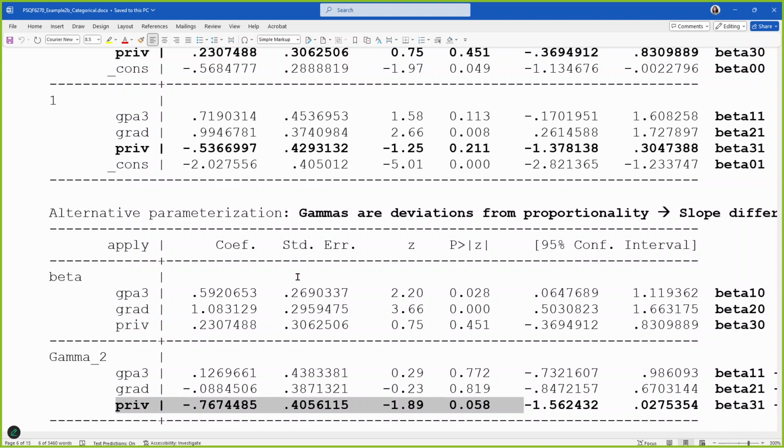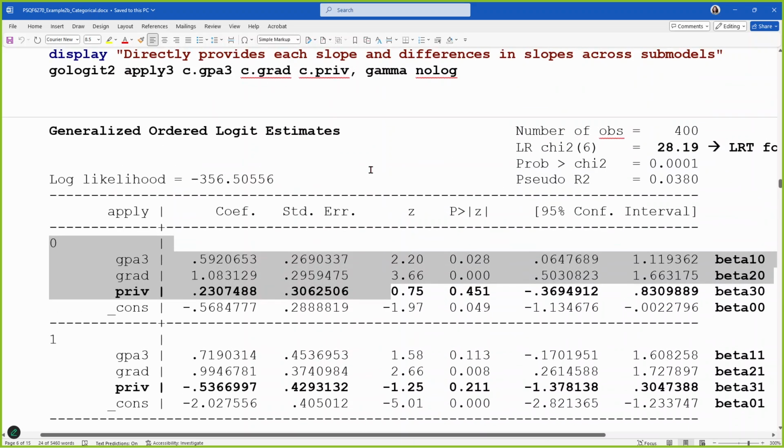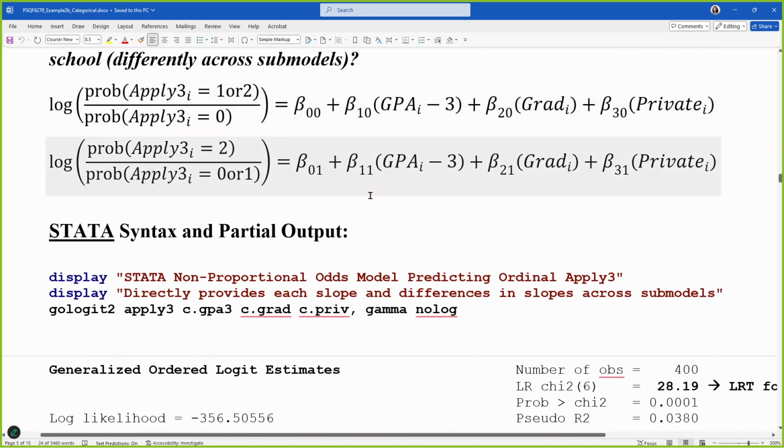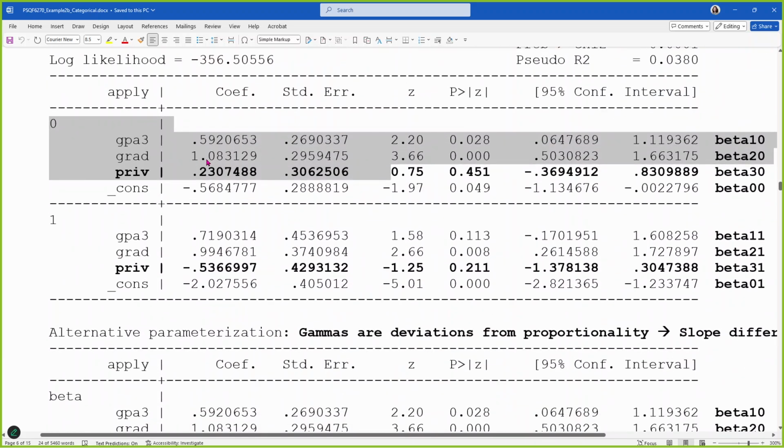I'm assuming it would go through all of them, but actually what beta is in this is just a repeat of this model right here, which is our original model that we had for proportional. No, this is the 0 submodel in the non-proportional odds model. It's just that it spits out first what is the slope in each submodel.